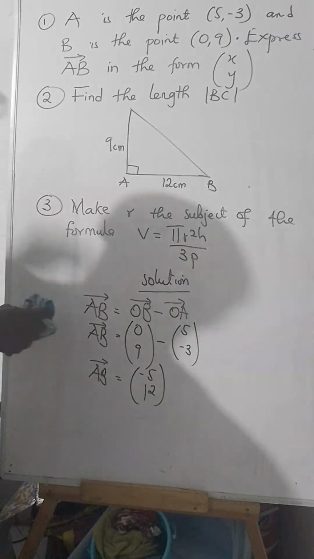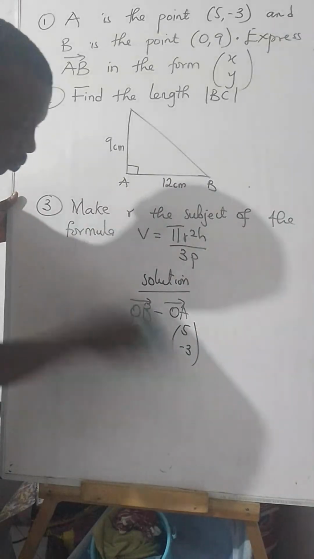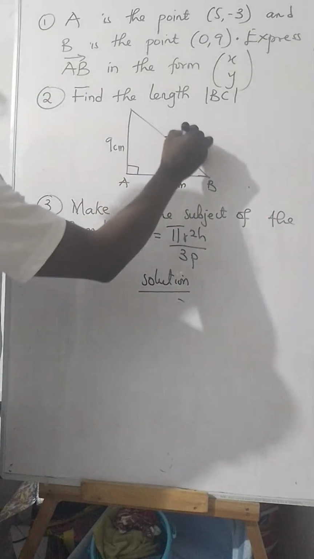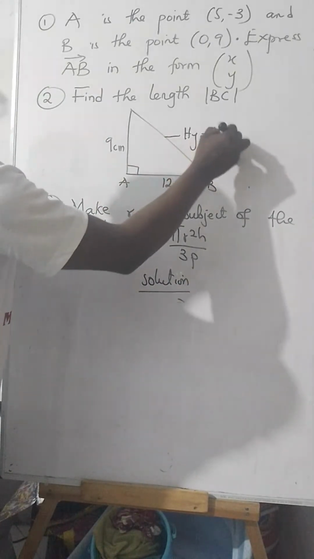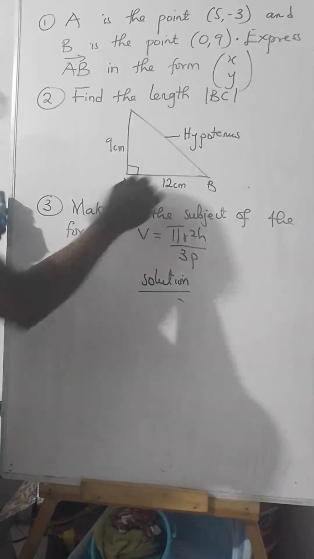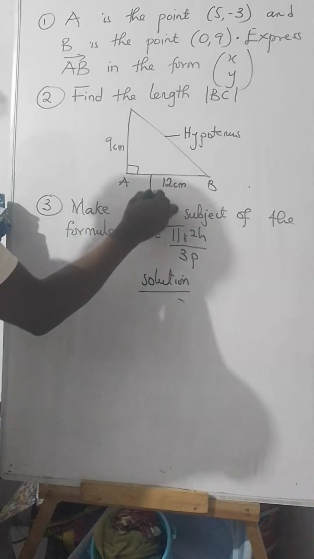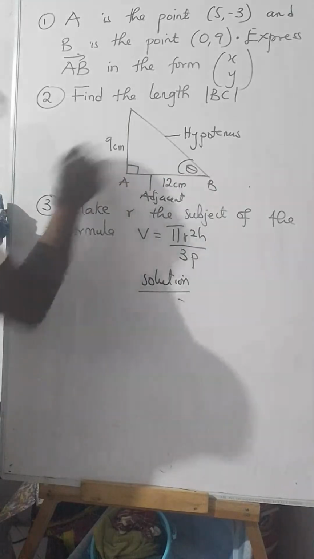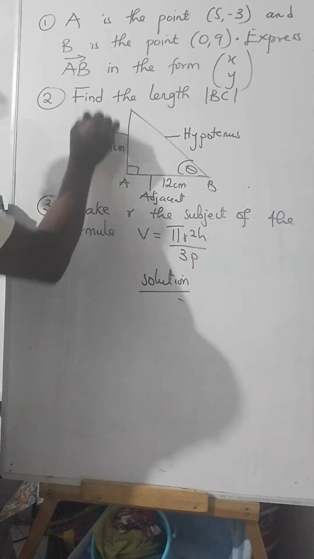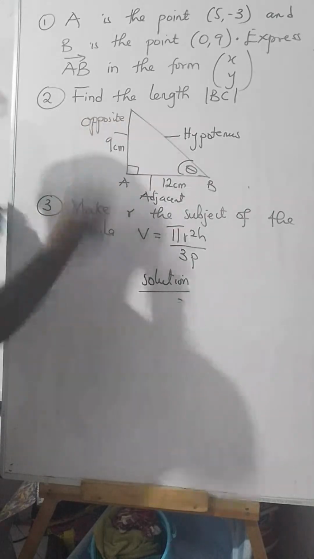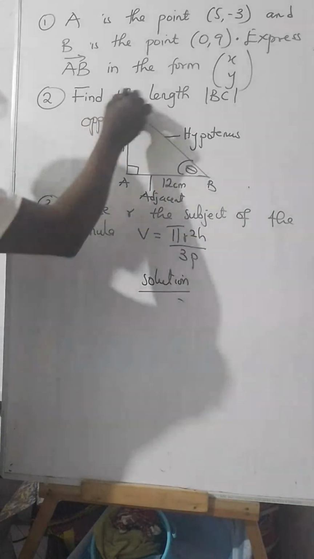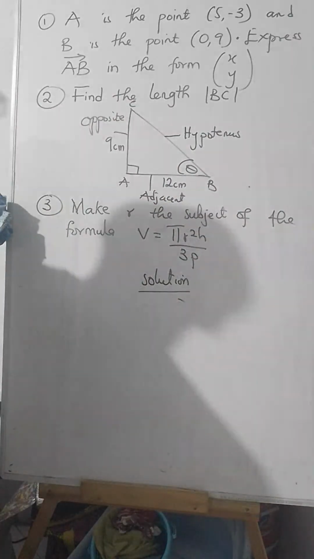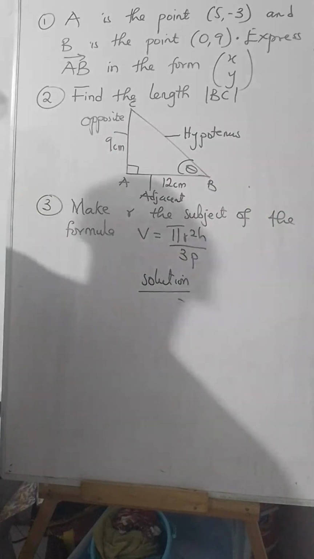That is a Pythagoras theorem there. So this is called the hypotenuse, and this is the adjacent. And if the angle is here, this becomes what? The opposite. Right. We are just looking at the length to find the length at BC. That becomes the hypotenuse.